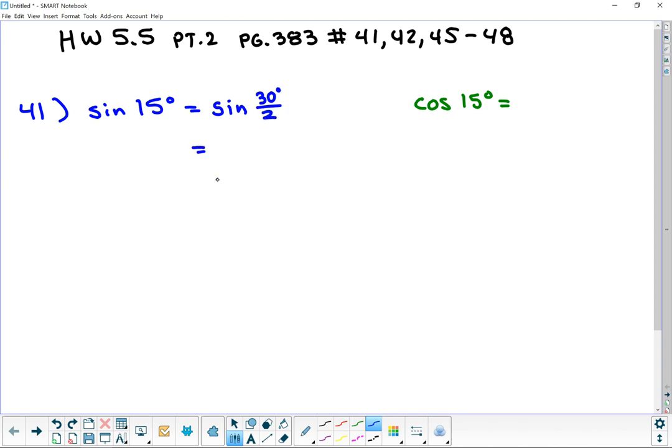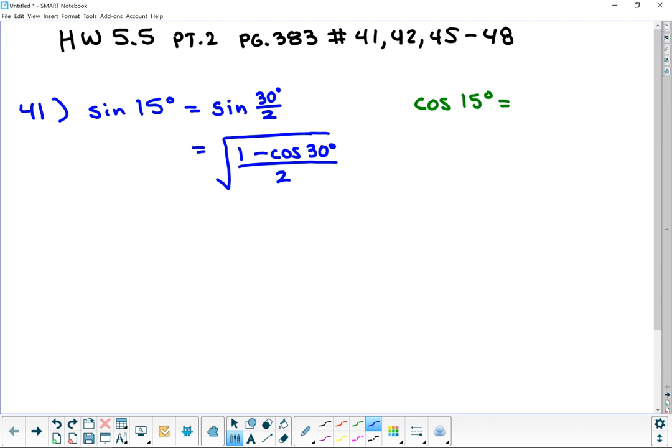This means we would actually be doing the square root of 1 minus cosine 30 degrees over 2. Right? So keep in mind that the formula states that it's 1 minus for the sine and 1 plus for the cosine.